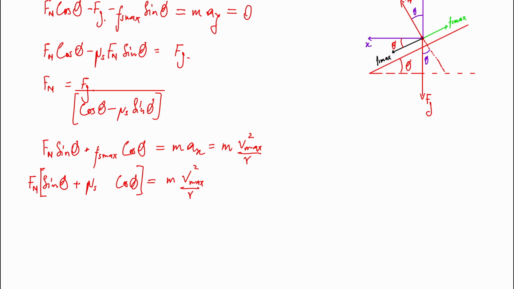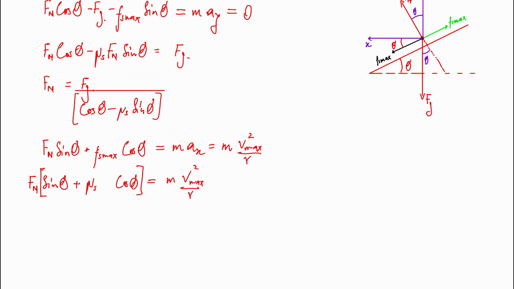Now, we can use the little fact we learned earlier, which tells us that the magnitude of the normal force is equal to the magnitude of the gravitational force divided by this parentheses. So instead of Fn, we could simply plug this in there.